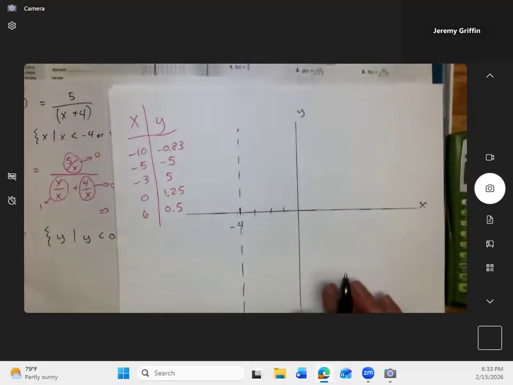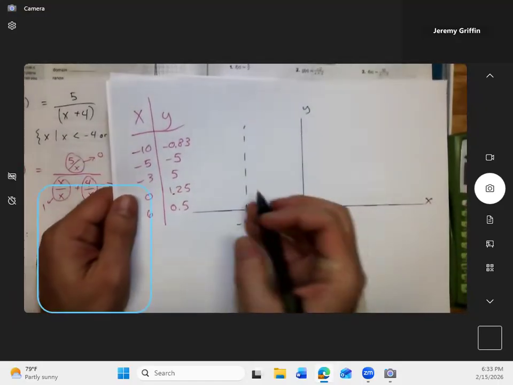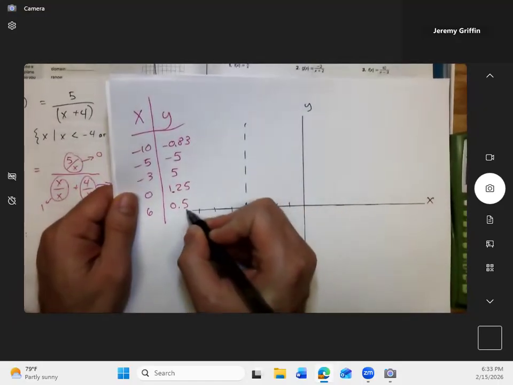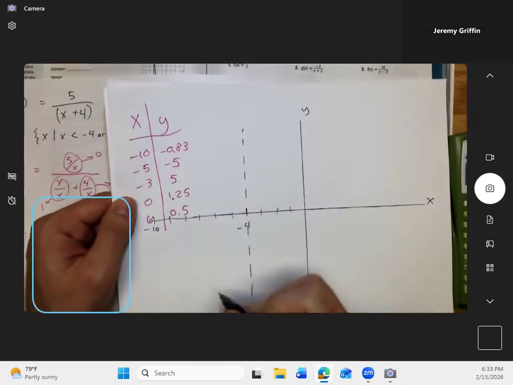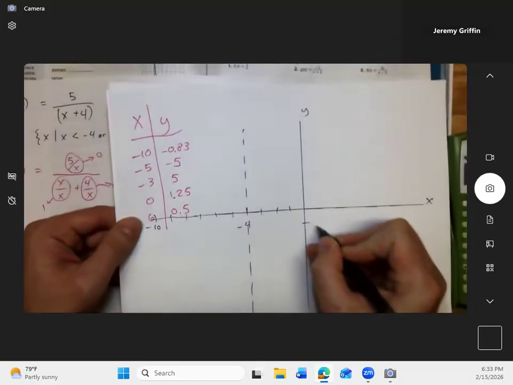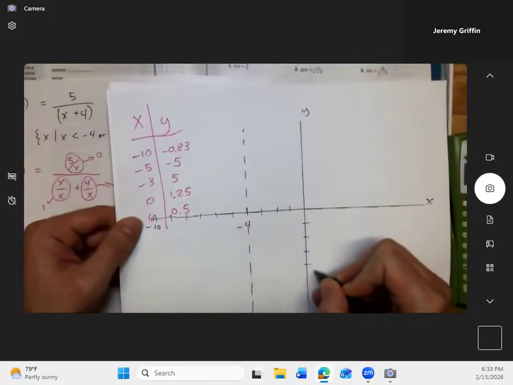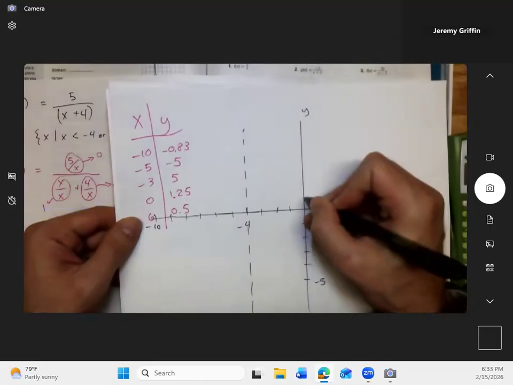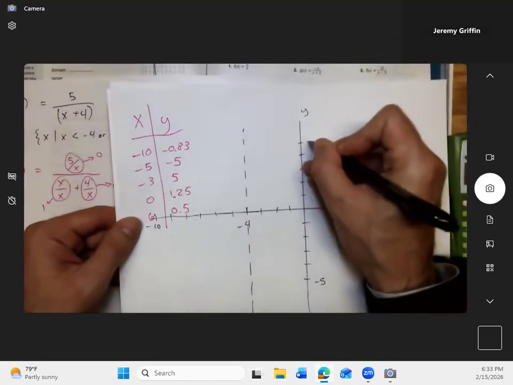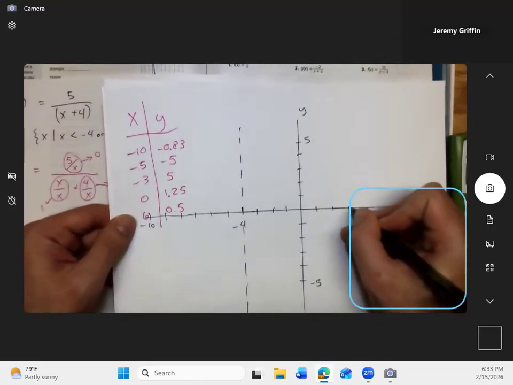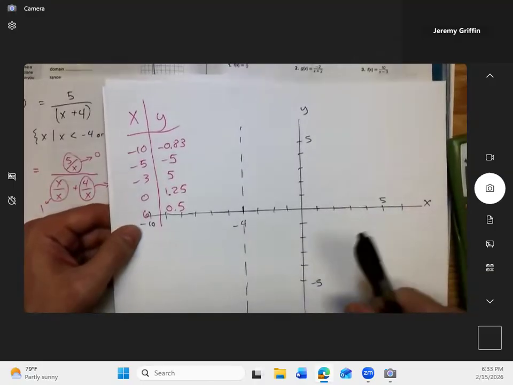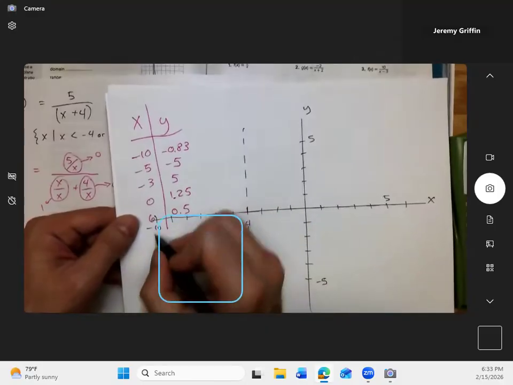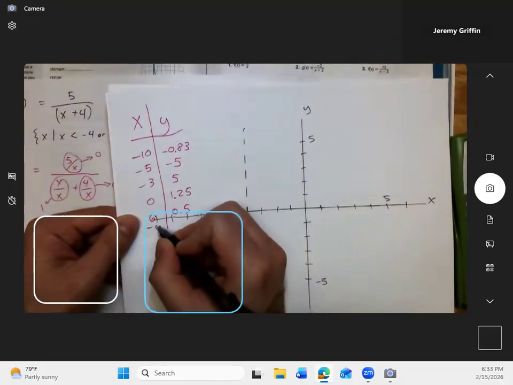There will be a horizontal asymptote here. So let's see, negative 4, negative 5, 6, 7, 8, 9, 10. So negative 10 is way back here. Negative 0 point something. So negative 10, negative 0.83, it's right about here.